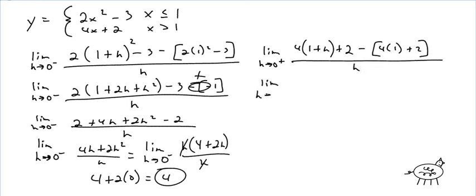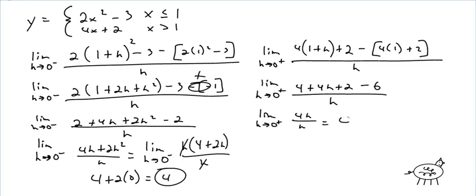So that's going to be 4 plus 4h plus 2 minus, and 4 plus 2 is 6, so minus 6, all over h. So 4 plus 2 is 6, minus 6 is 0. So really you have 4h over h, and that just reduces to 4.